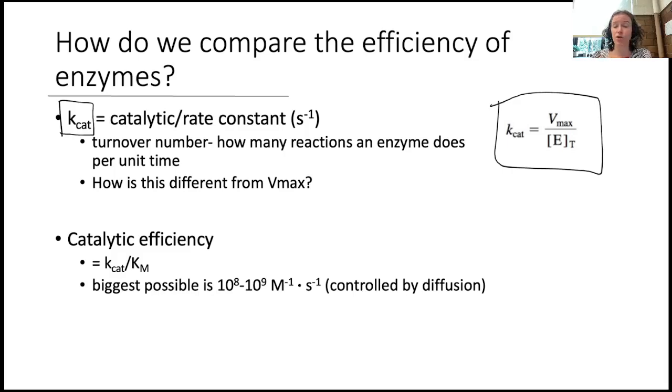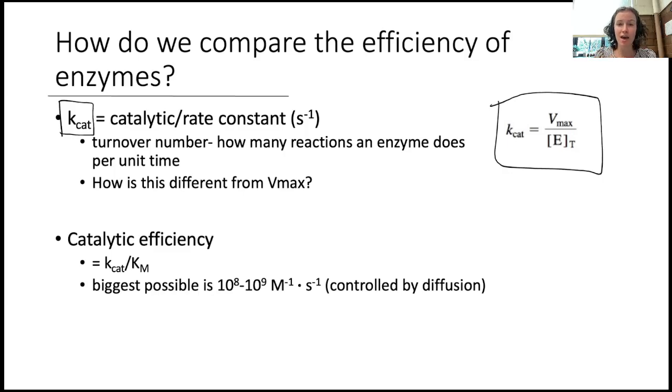Well, let's say you're in the lab running a reaction with your beaker of enzyme, and your buddy next to you is using 3 times as much enzyme. Well, they will likely see a bigger Vmax than you will see because their enzyme can convert a lot more substrate to product than your enzyme.